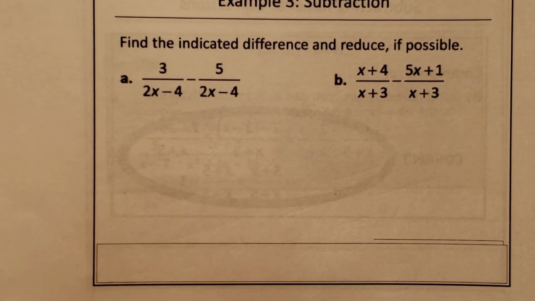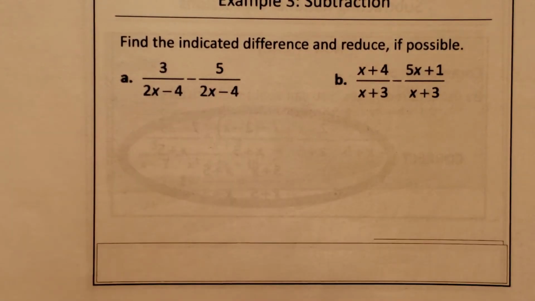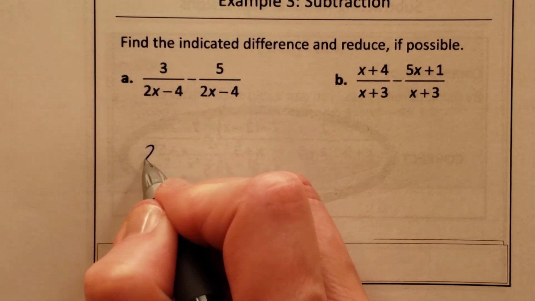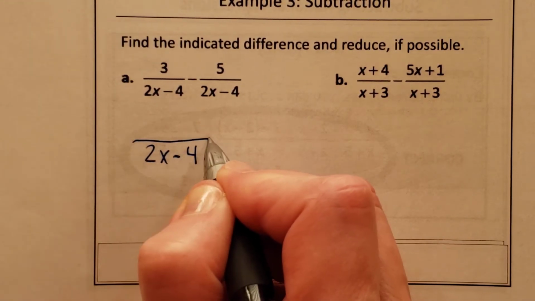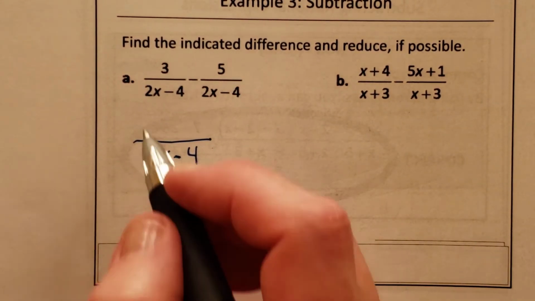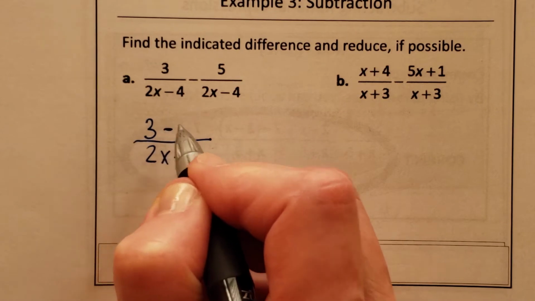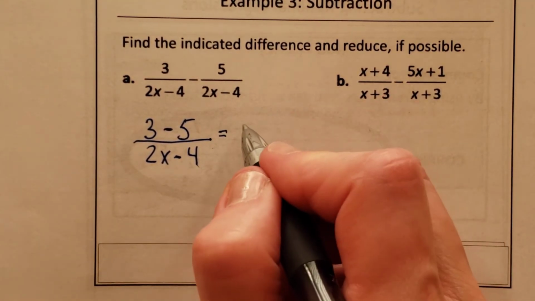All right, so this is a subtraction. So my denominators are already the same here. So my least common multiple, or my common denominator, is 2x minus 4. So now I'm going to always throw that minus sign up in the numerator. So this is 3 minus 5. Well, what is 3 minus 5? 3 minus 5 is negative 2.